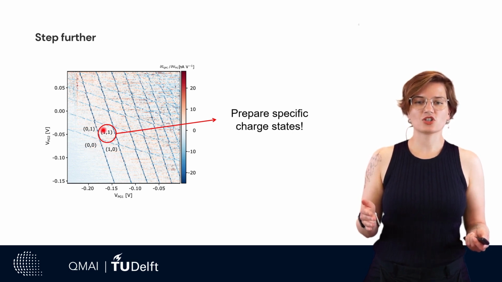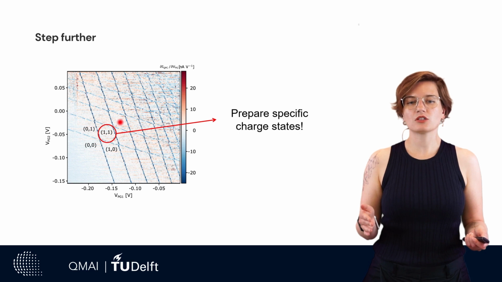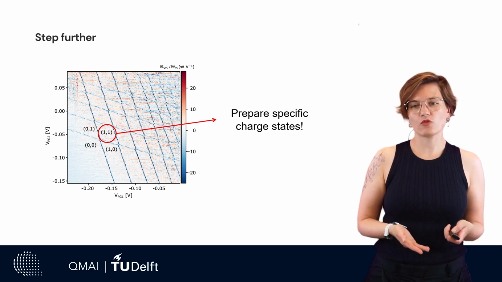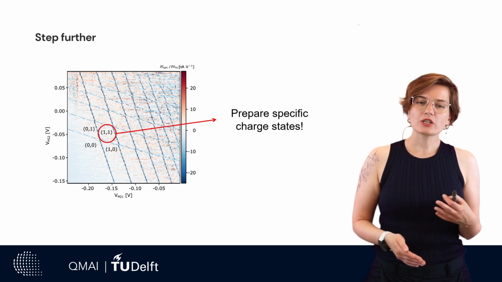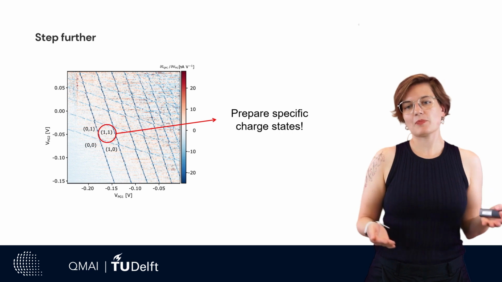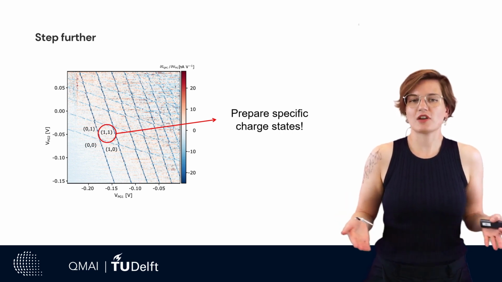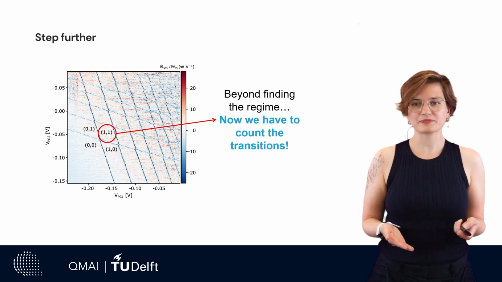And then if I transition on both vertical and horizontal, I will go to the state 1, 1. And I could continue. This one is 2, 2, this one is 3, 3, and so on and so forth. So usually if you have your dot pre-tuned, the next step you want to do is prepare some of these specific charge states and then do whichever experiment you are interested in.